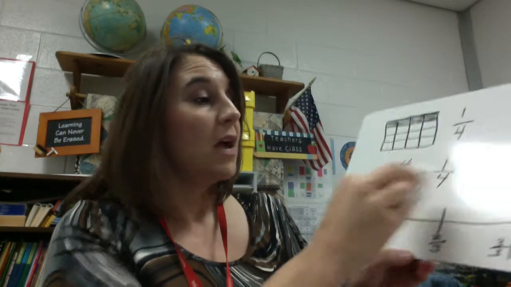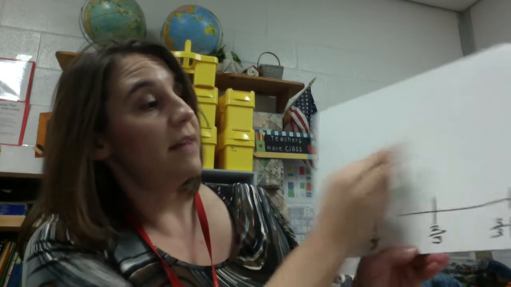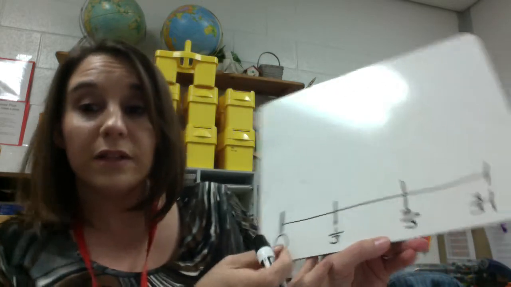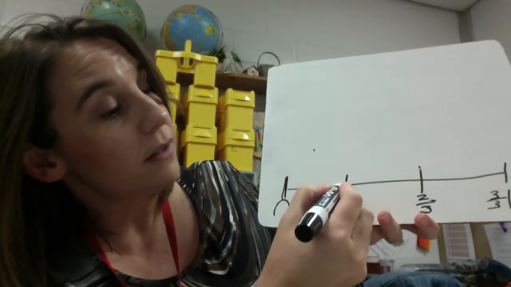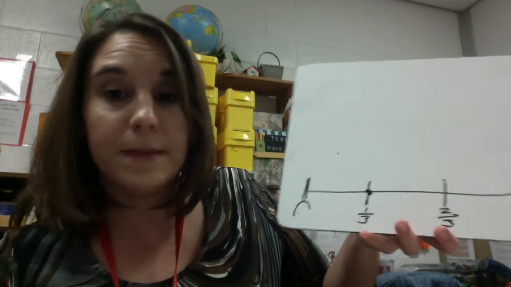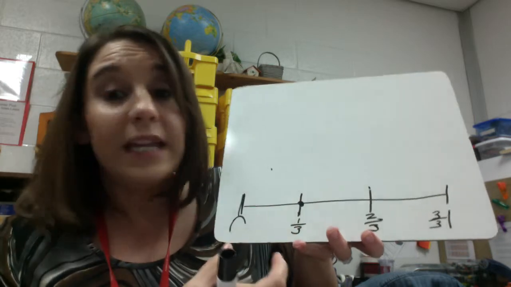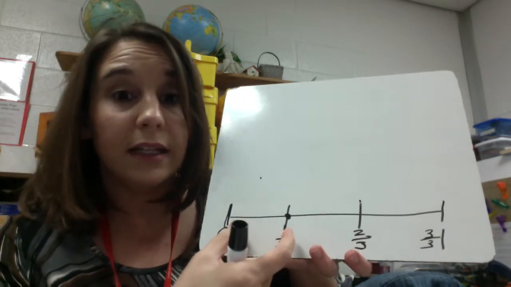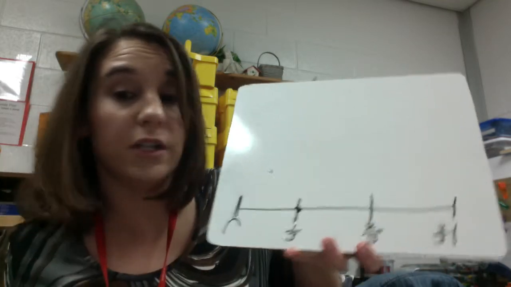Correct? Well, I'm going to get rid of that top part. Can I find a fraction that is equivalent to 1/3? Well, we know that a unit fraction is 1 of the whole, 1 equal portion of the whole.